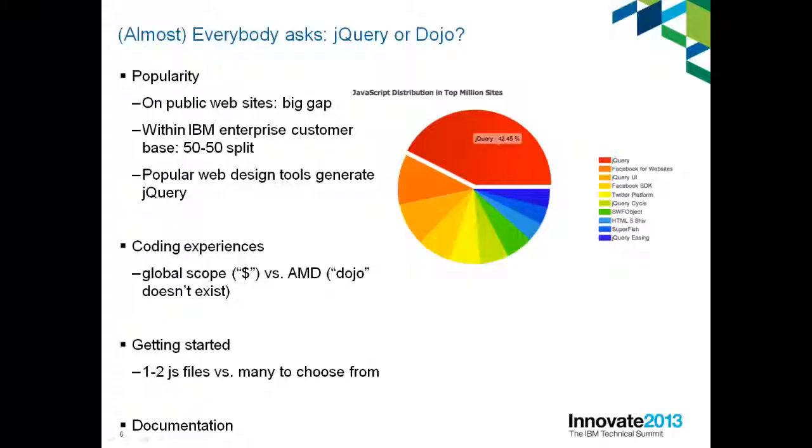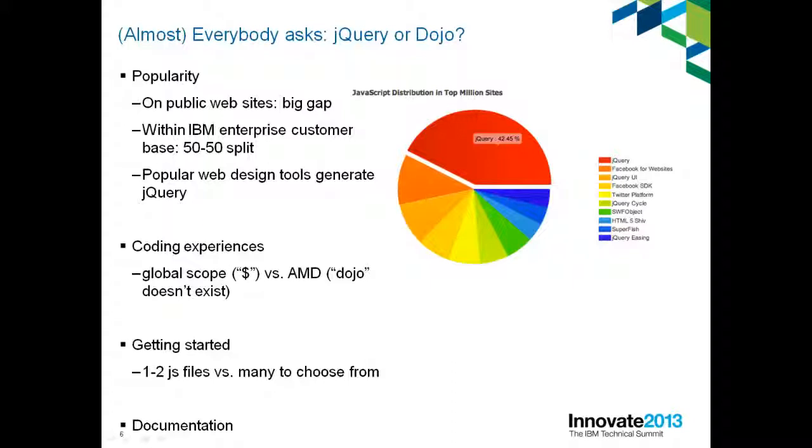As a result, when you code with Dojo, you have a bigger overhead before you can start coding your business logic. So that's one difference.